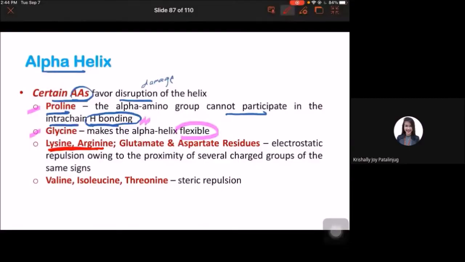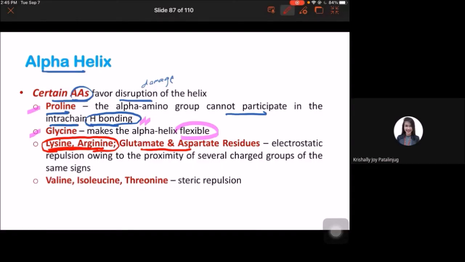And then glutamate and aspartate residues. Ito naman yung acidic amino acid. So recalling, these are actually charged, no? Knowing a basic amino acid sila, acidic amino acid sila, ibig sabihin charged sila, 'di ba? Particularly, ano yung charge ng basic amino acid?